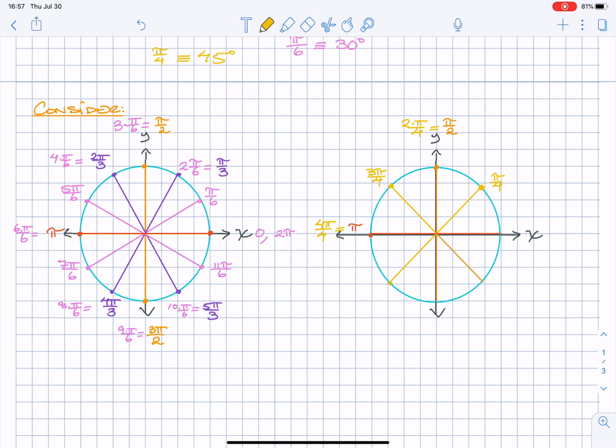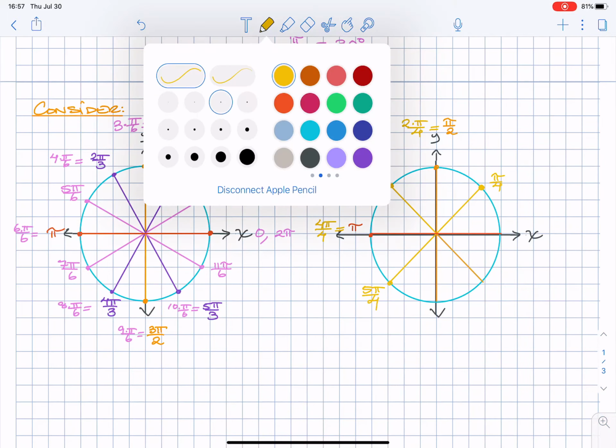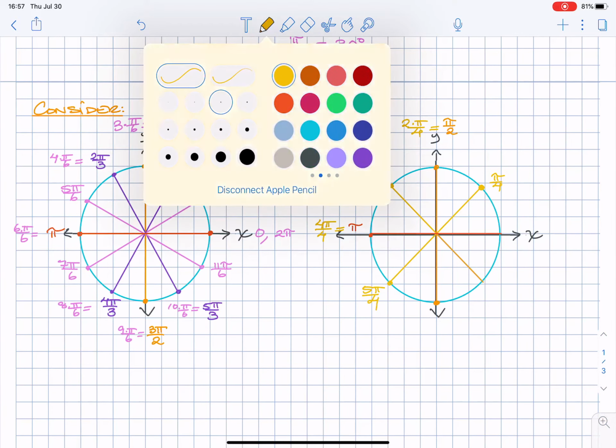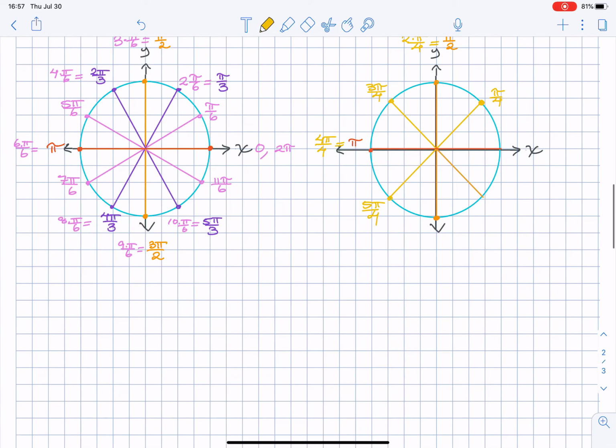So the next one will be 5 pi over 4, which does not reduce. Then this will be 6 pi over 4, each of which is divisible by 2. So that gives us 3 pi over 2, which is good because that's exactly what we had for the other one.